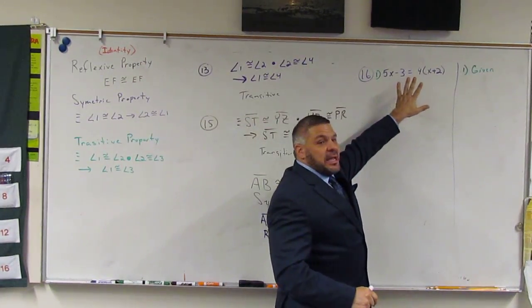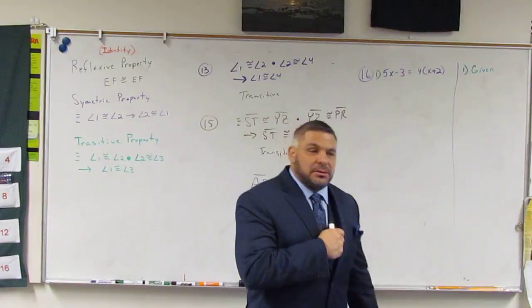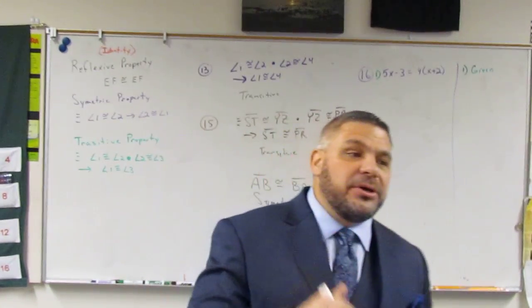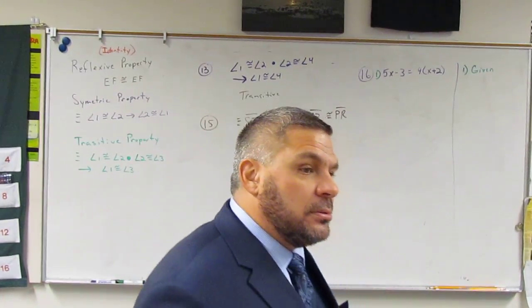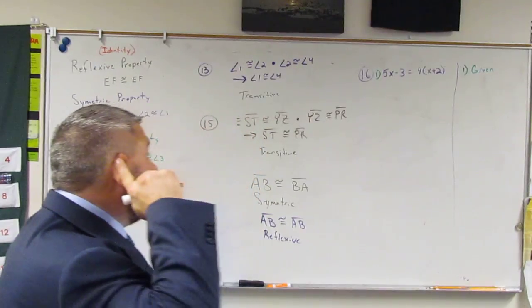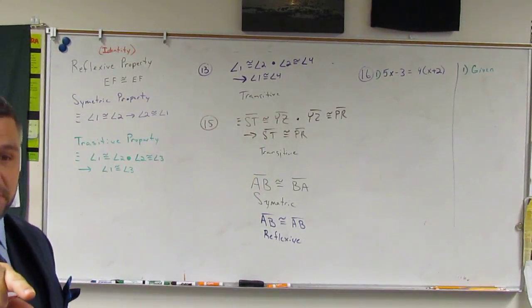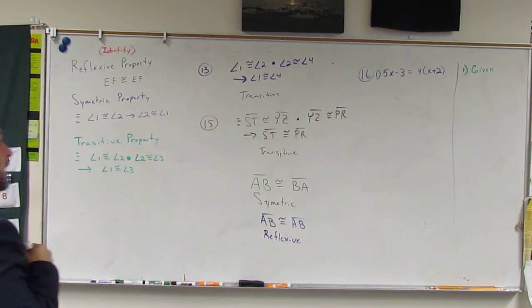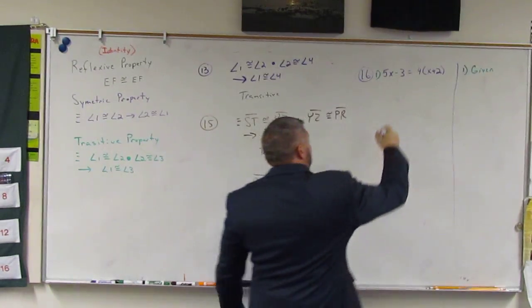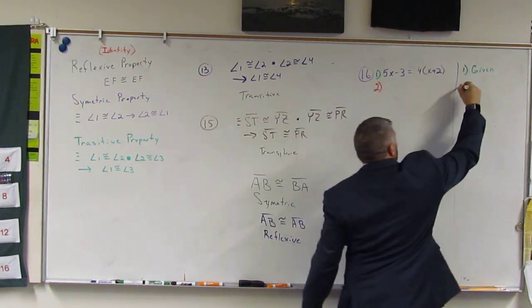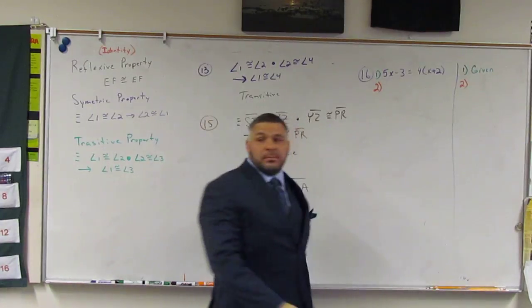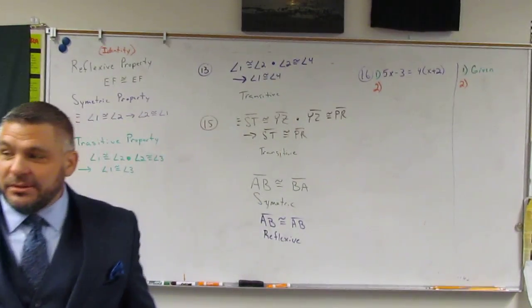What can you do first? The given? Okay, perfect. And then what would be the second step? Multiply 4 times x and 2. Very good, Skylar.